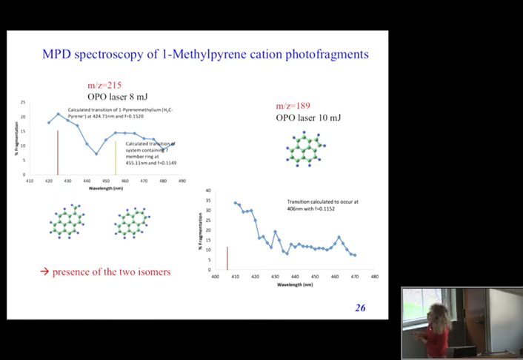What is also nice is that for methylpyrene and for this species as well, you observe bands with an oscillator strength of 0.1, 0.2. So this is consistent. The one at 189 has an absorption which is more in the near UV, but you start to see the rise here, and this is the theoretical band, so everything seems consistent.